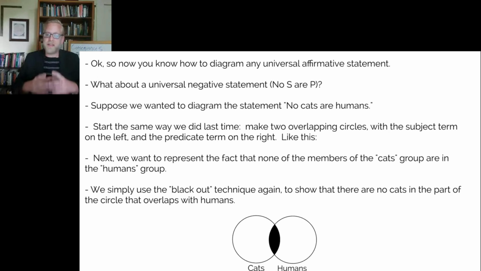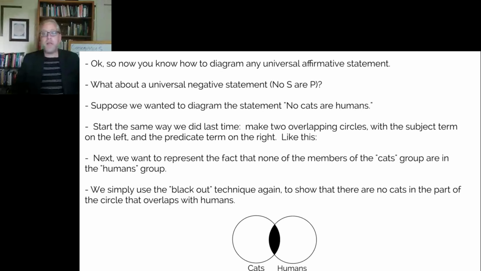All the members of the cat circle are outside of the human circle. The area where there's overlap is blacked out, right? So there's no cats at all that are also hanging out in the human circle. The black area represents that fact. So if you're a cat, you must be in the cat circle, but entirely outside of the human circle.